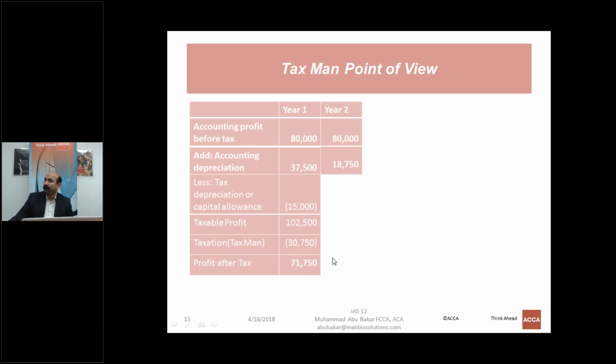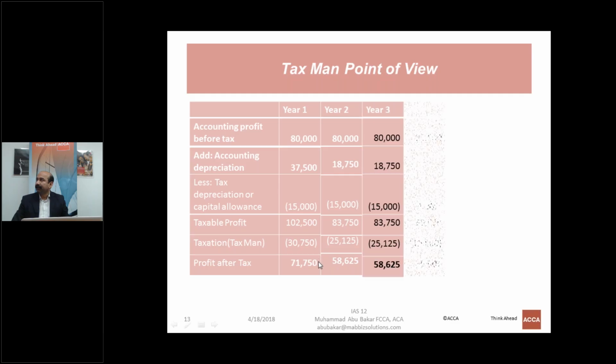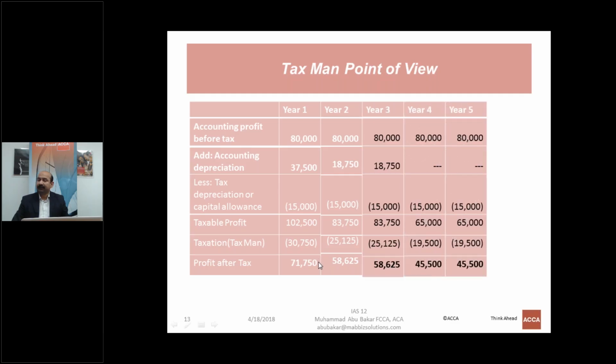Likewise, in year 2, this is the accounting depreciation and this is the tax depreciation, which is constant for all years. And this is the taxable profit, and 25,125 is current tax payable. Likewise in year 3, year 4, year 5.